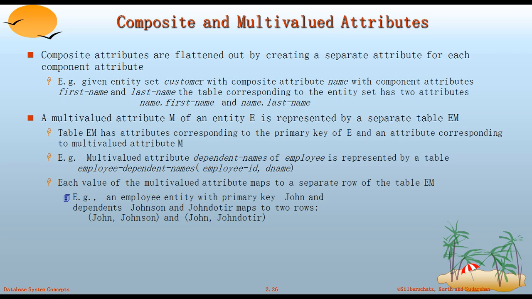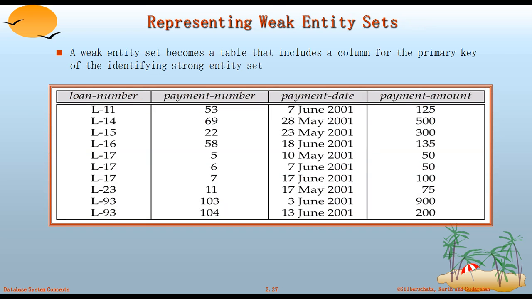We can create separate attributes for first name and last name, or we can have a single name. So it depends upon the user. And for the multi-valued attribute, we can have a different entry for each phone number.